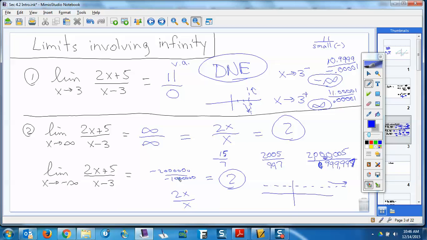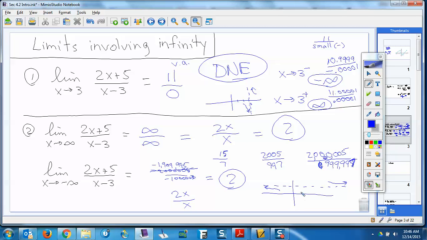So this would be like negative 1,000,003, and this would be like 2,000,005, right? No, this would be negative 2,000,000 plus 5, so it'd be negative 1,999,995, right? So this would actually be about 1.999 something, so it would actually be below. And so what happens is you're getting this.